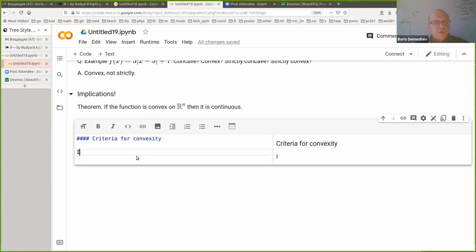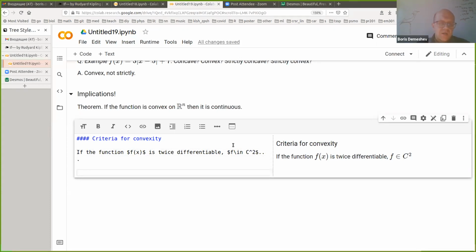Indeed, if the function f of x is twice differentiable, I'm speaking about multivariate functions, so f belongs to C2.